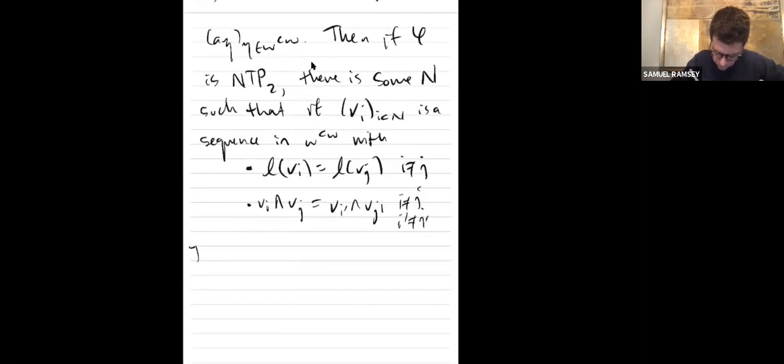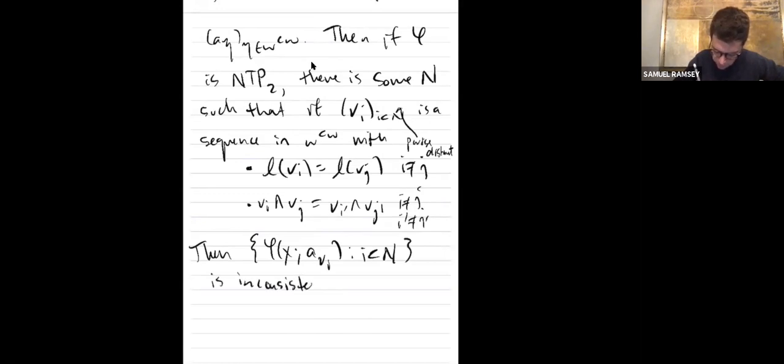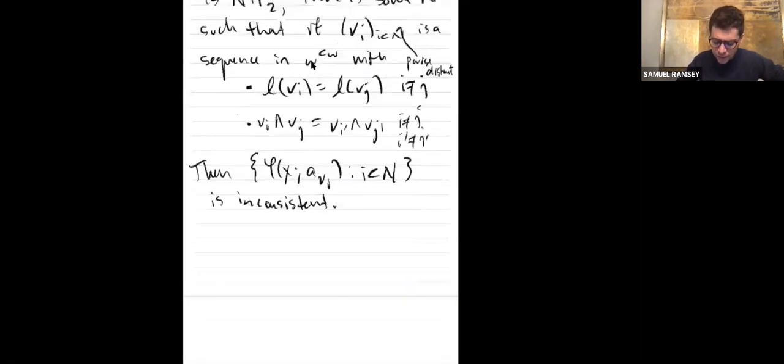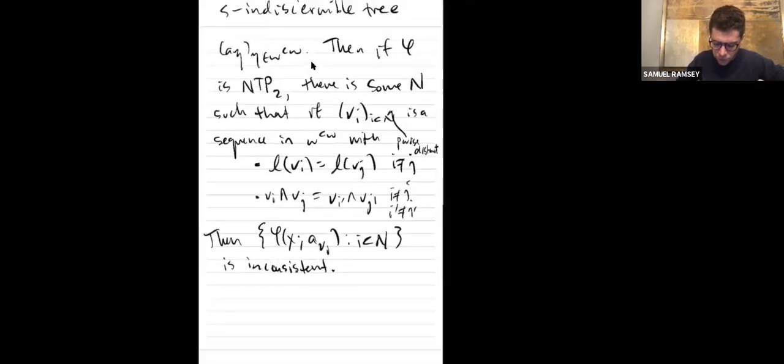Then phi, so I should say pairwise distinct, just to be pedantic. They should be pairwise distinct. Then the conjunction of phi(x, a_{nu_i}) for i less than n is inconsistent. All right, so this is a kind of technical looking thing, but I'll draw a picture and then it'll be clear what I mean.